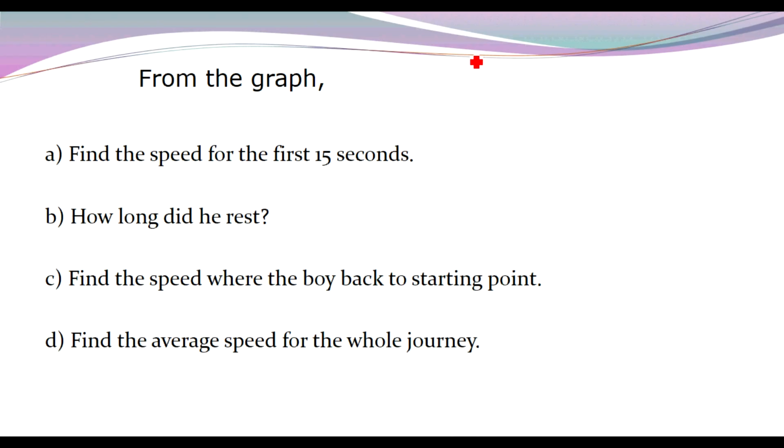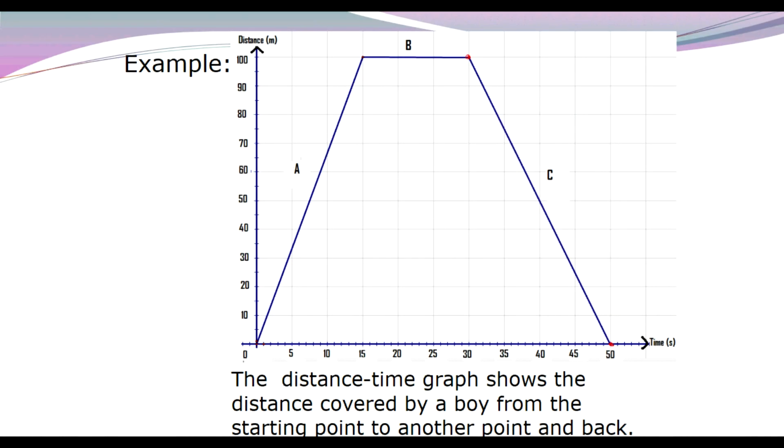The speed on a distance-time graph equals the gradient of the straight line. So calculate the gradient. This point is, the x is 30 and the y here is 100.